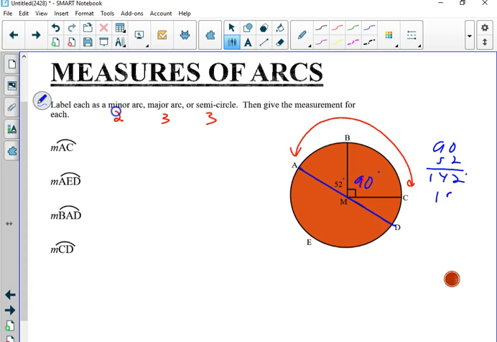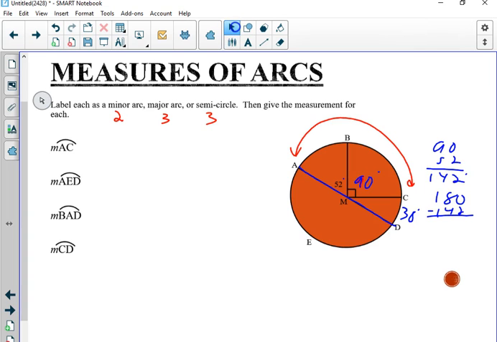And if we subtract that from 180, we get 38. So that is the measure of this angle right here, which is also the measure of this arc. So these numbers go in both places.